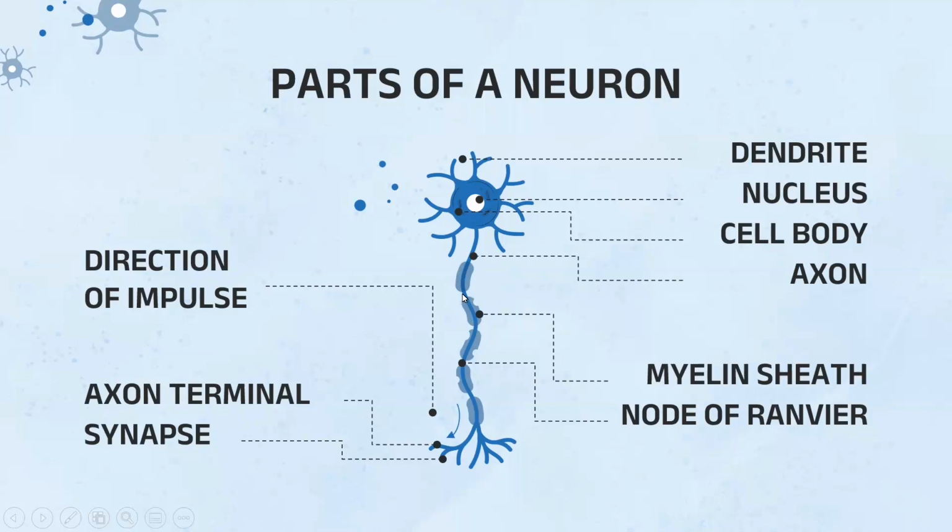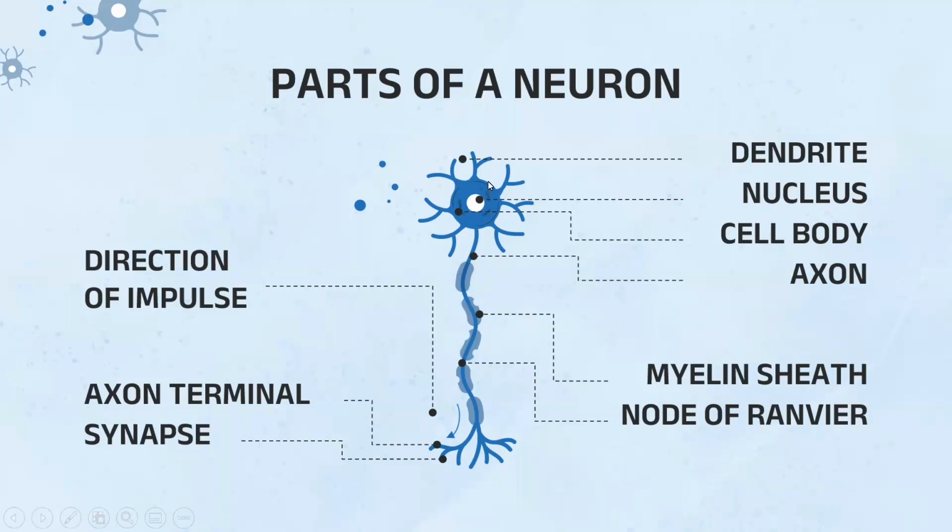These are the spaces that the myelin sheath doesn't cover. So how do the impulses move? They jump from one node to another. The impulses move faster when there's a myelin sheath, because they skip this part and jump from node to node.